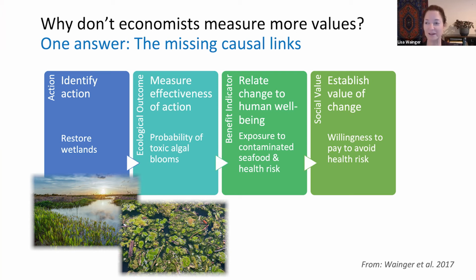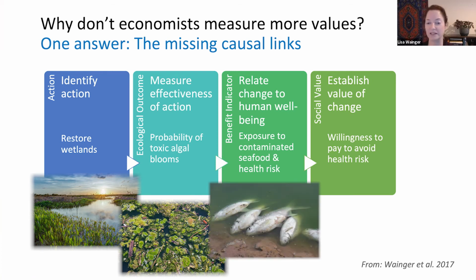That's already really hard to do, but maybe we could do that, right? And then we still need to go to, okay, but how does that actually harm people? Well, a common way it harms people is exposure in contaminated seafood and health. So we're relating that ecological change to something that's very specific about human well-being.